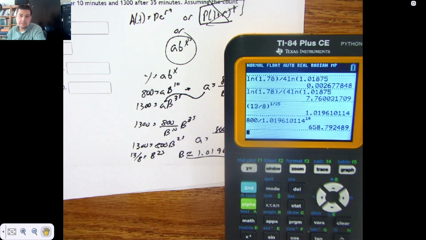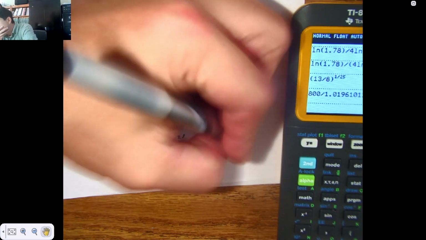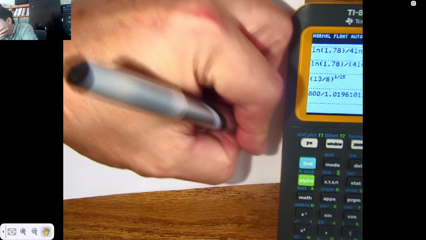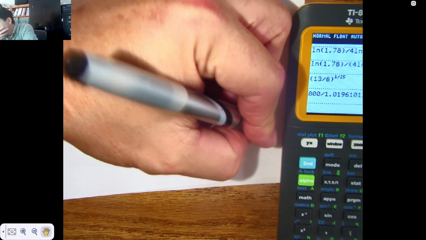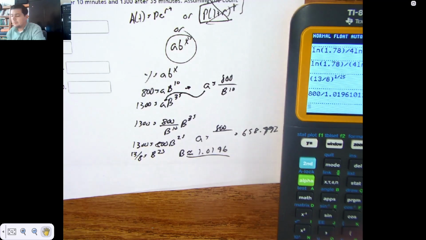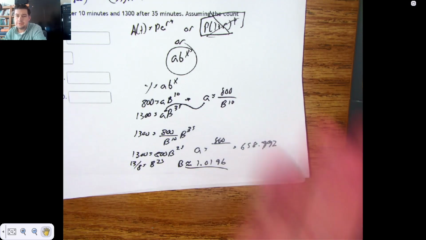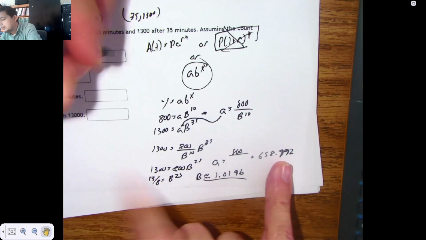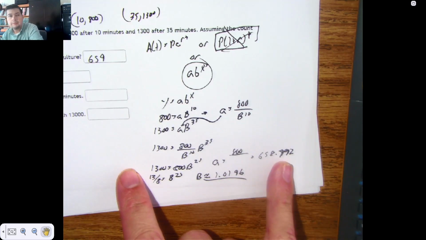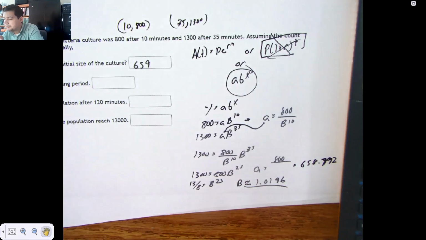A is about 658.792. So the initial size of the culture has to be rounded up to 659. We round up life forms, okay? 659.